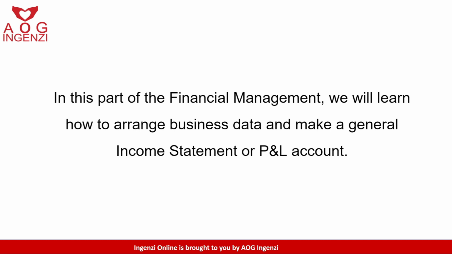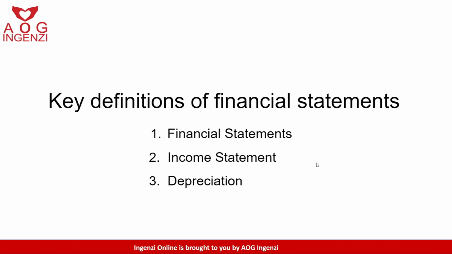Income statement is also called profit and loss account. In this financial statement, we may start by knowing a bit about some key definitions, mainly financial statement, income statement, and depreciation.